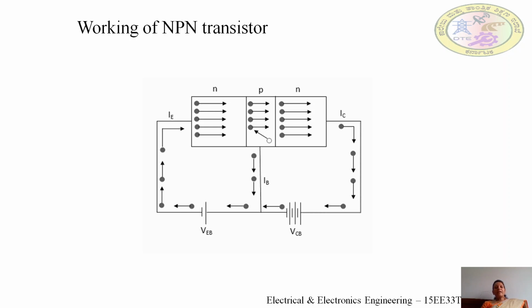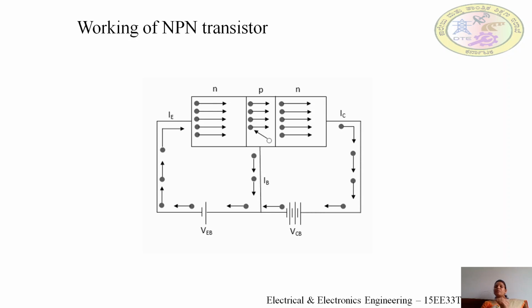Why do most of the electrons emitted by the emitter enter into the collector? There are two reasons for this. As we all know, the base region is very thin and it is very lightly doped. Hence, we have only few holes available for the recombination with the electrons. The second reason being, your collector base junction is quite strongly reverse biased.